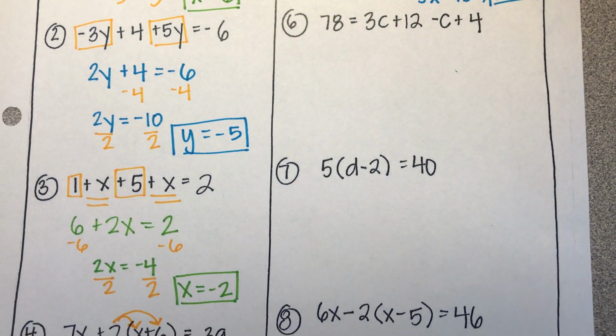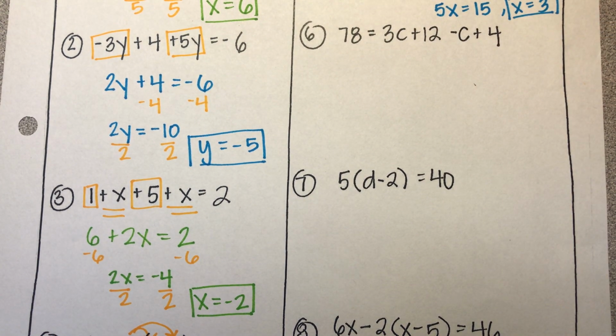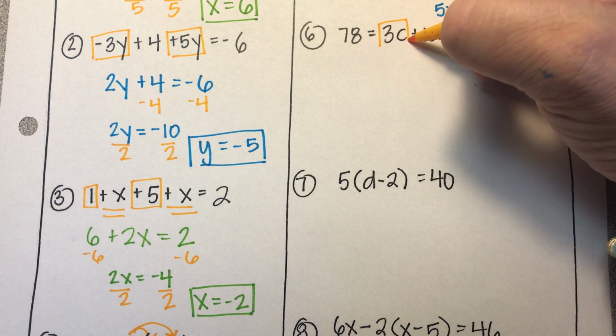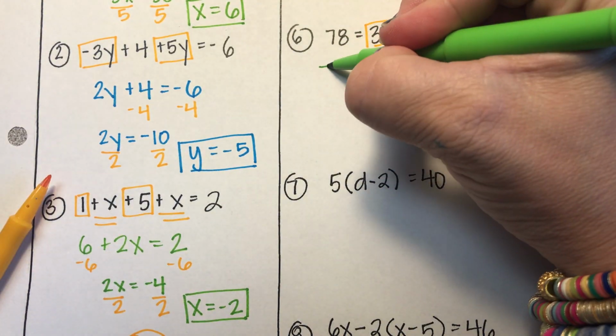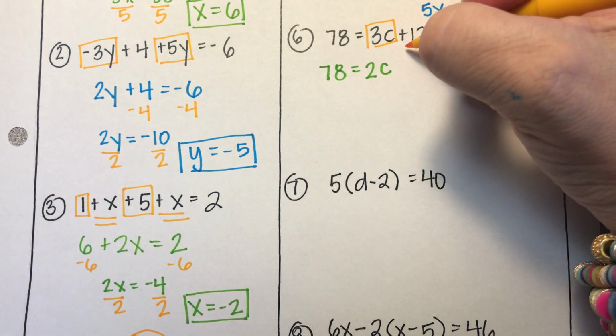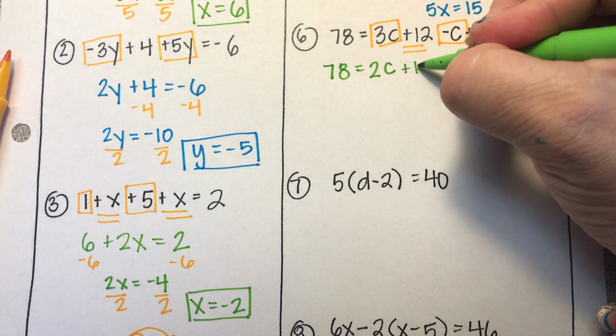Okay, 6 looks different just because all this mess is over here on the right-hand side, which doesn't matter, right? It doesn't matter what side it's on. We're going to do the same thing. Okay, so I can combine 3c minus c to get 2c, and then I can combine 12 plus 4 to get 16.